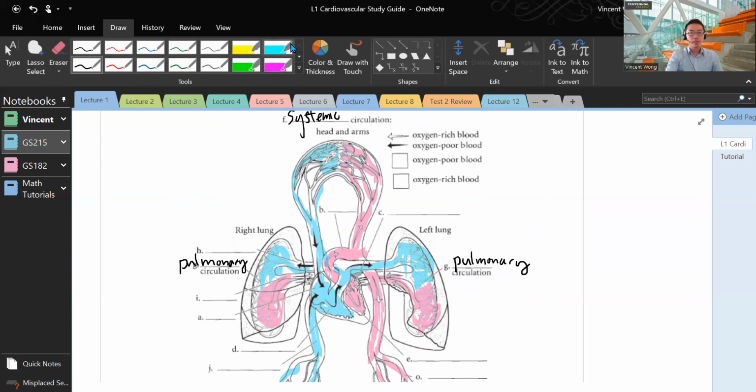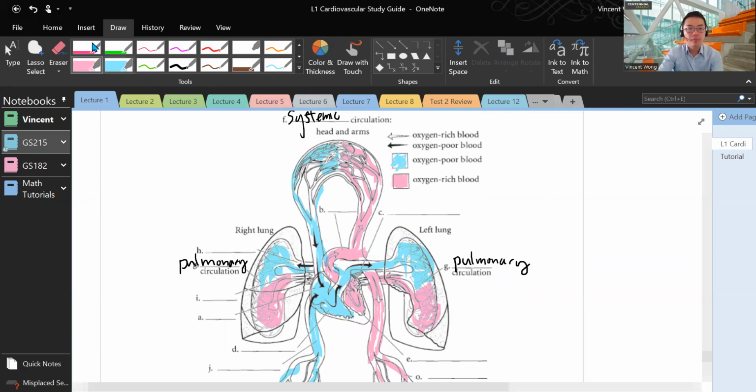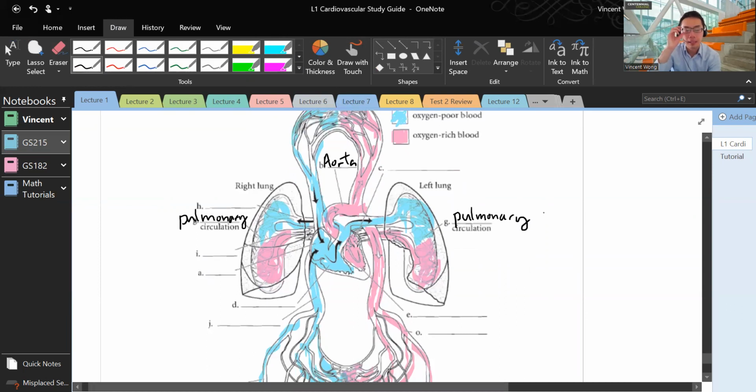So just for completion, just color it. Oxygen-poor blood, baby blue color, and then oxygen-rich here. Okay, let's fill in what we have. Over here, B is pointing at the aorta. C is pointing at the left atrium.